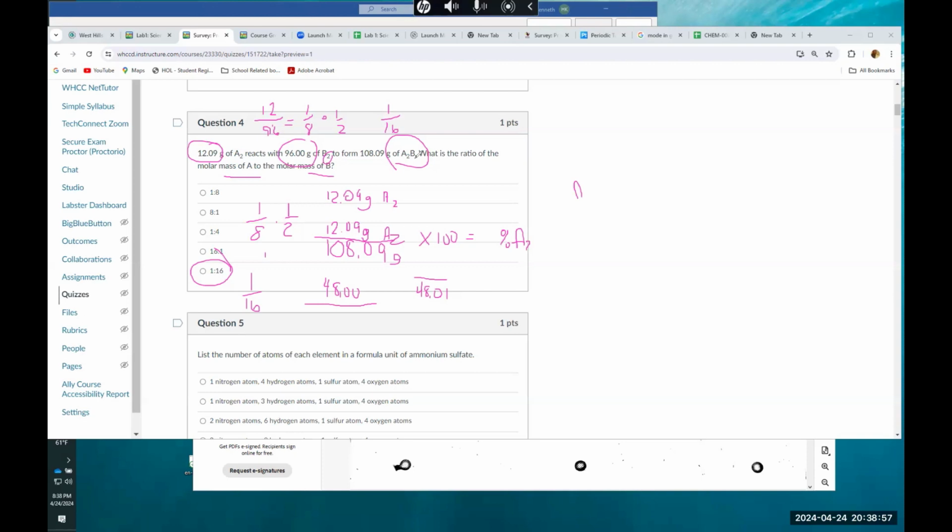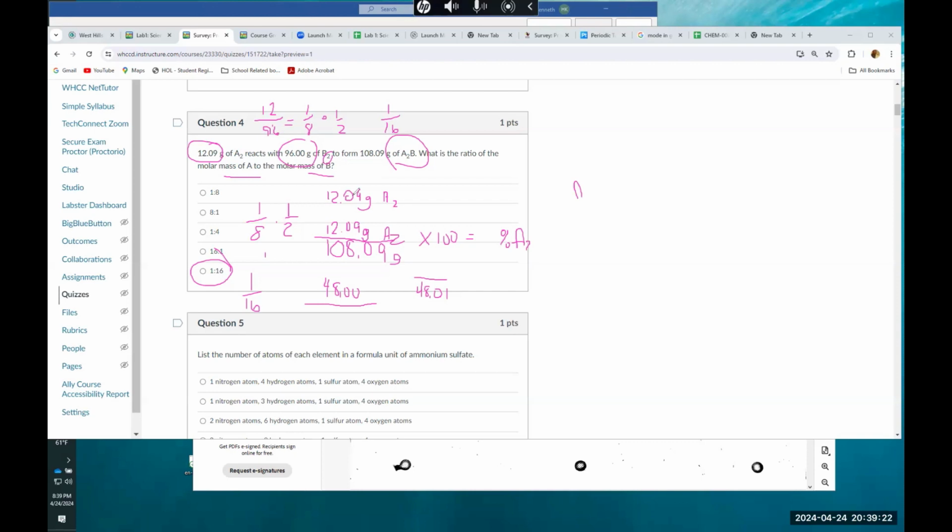Does that make sense? Because you divided 12.09 by 108.09, wouldn't you just do the same thing, like 96.00 divided by 108.09? Yeah, but then we divide them by each other because we want the molar mass of each one of these. This would give us our ratio of our molar mass to our compound.